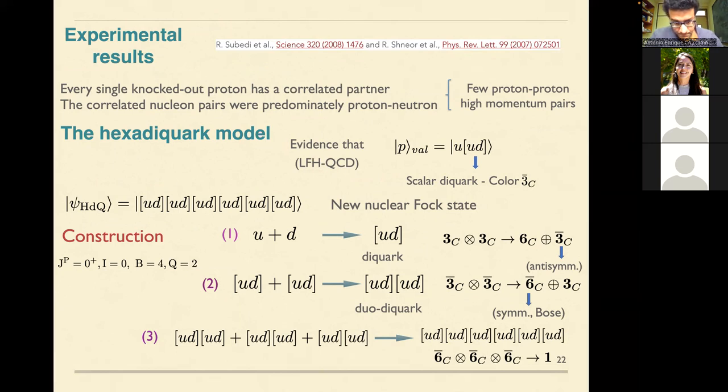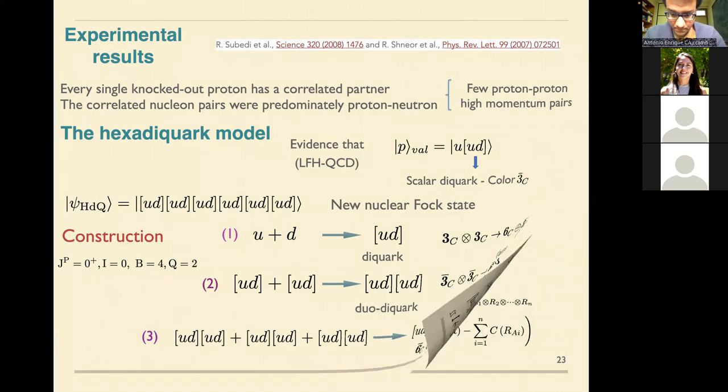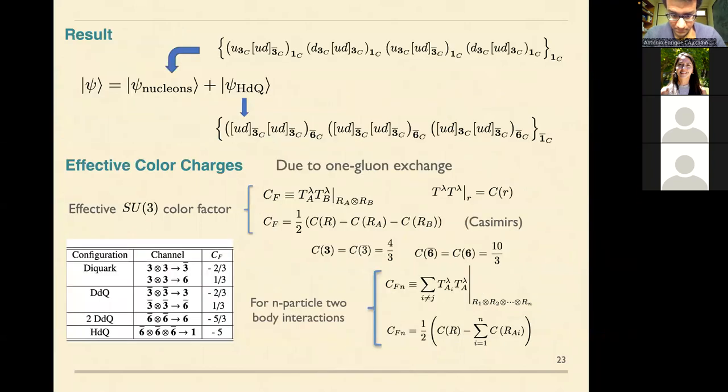Well, you have to have a dynamical model for that. That's part of the problem. The main idea is that in helium-4 you're going to have both configurations probably, not only the hexadiquark, but the other two and two.